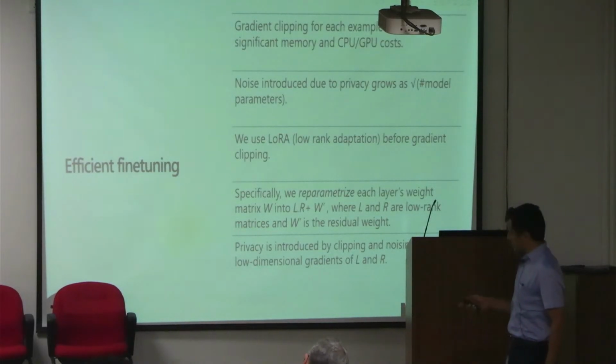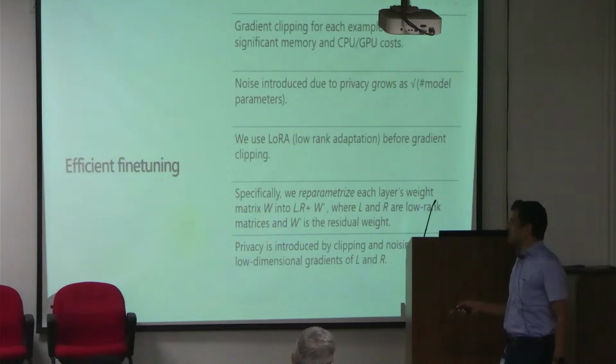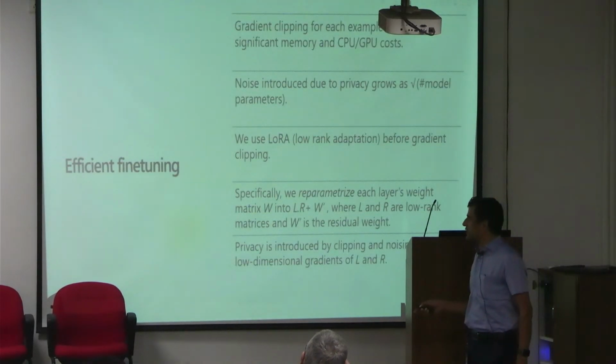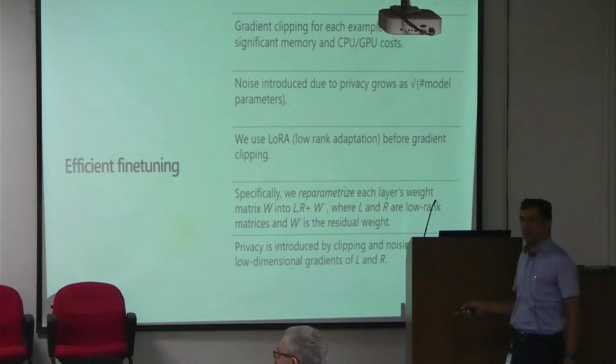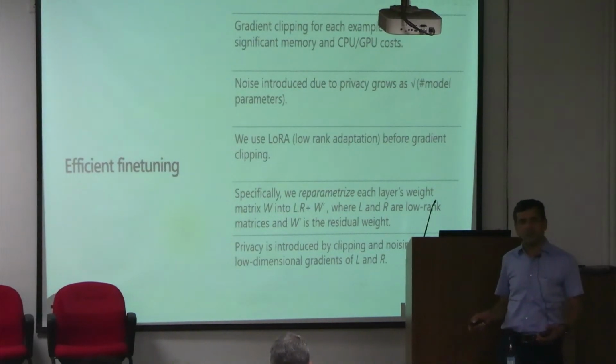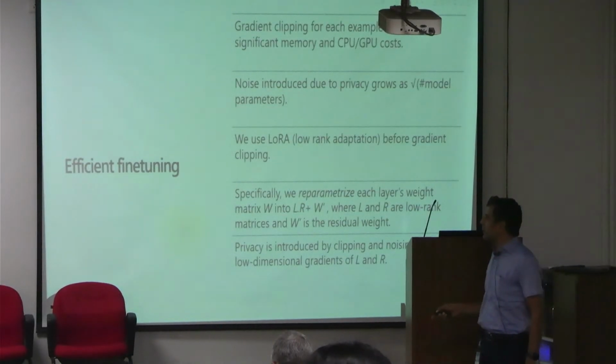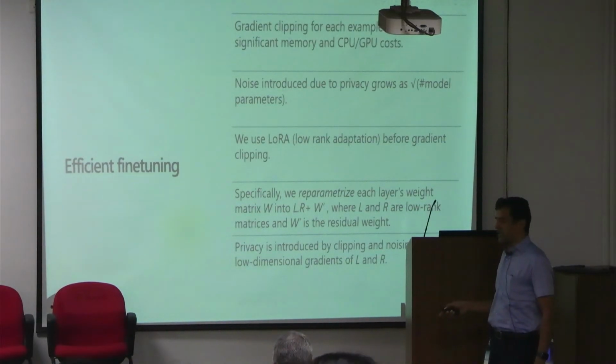Gradient clipping is a costly operation, and the noise introduced due to privacy grows as the square root of the number of model parameters. So rather than using gradient clipping for all the model parameters, we use low rank adaptation.